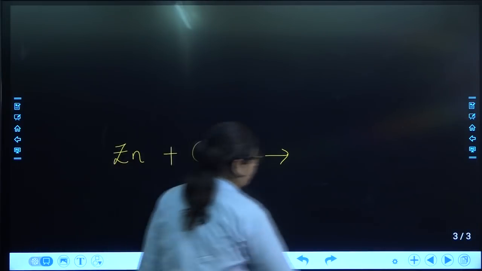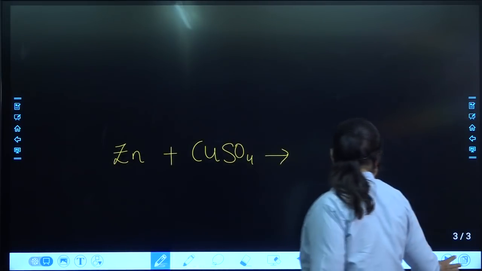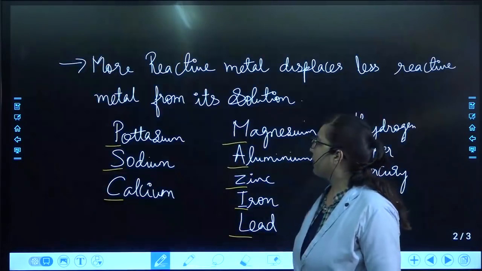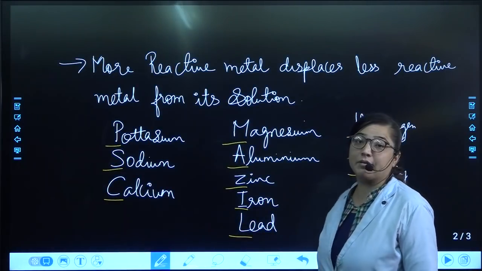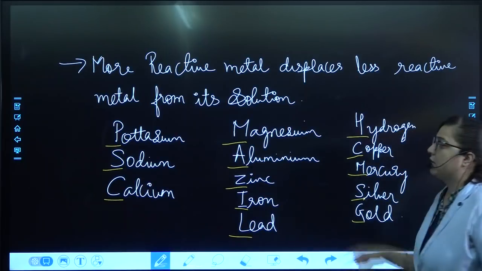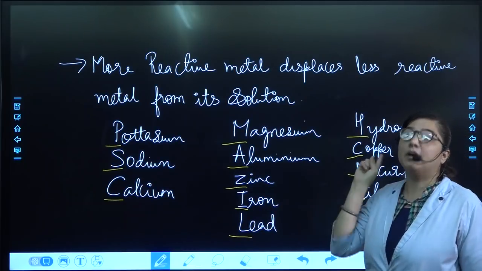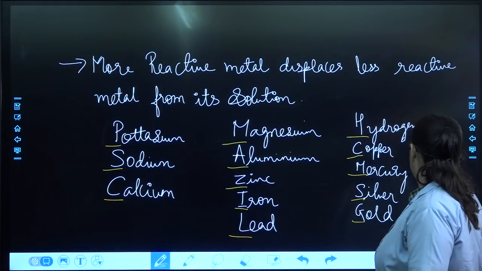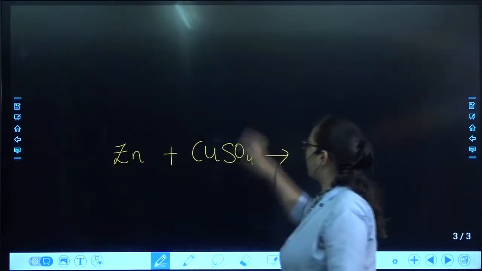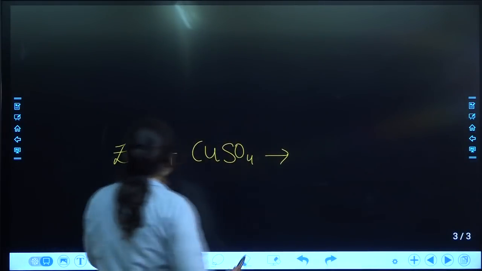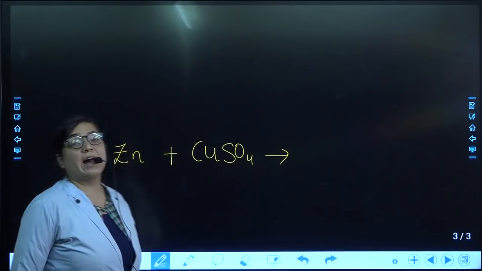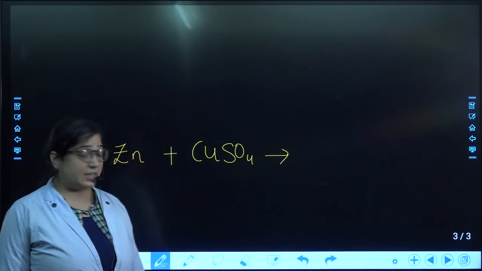If you observe it, zinc is coming before copper. So zinc is more reactive than copper, yes or no? Yes. Because zinc is more reactive than copper, then what will happen? Zinc will displace less reactive copper from its solution.